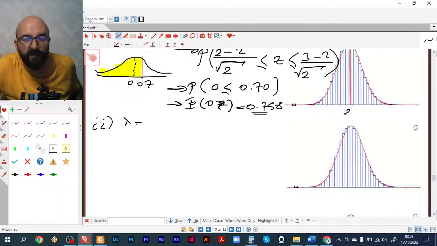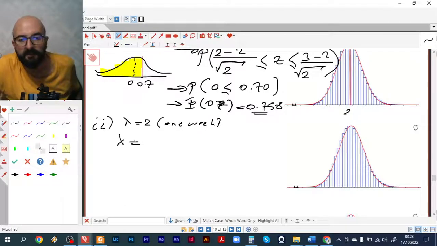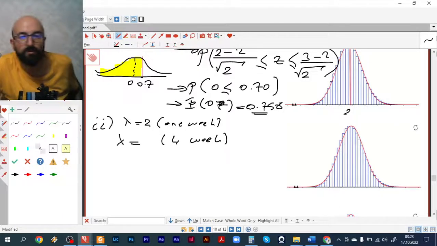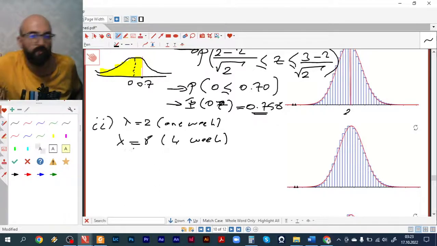Our lambda equals 2 for 1 week. For 4 weeks, we multiply 4 by 2, which equals 8.